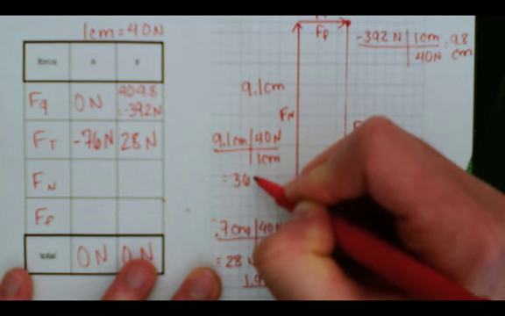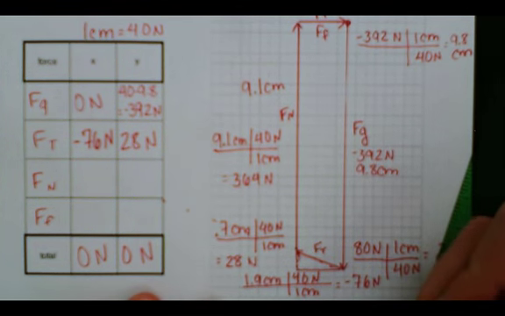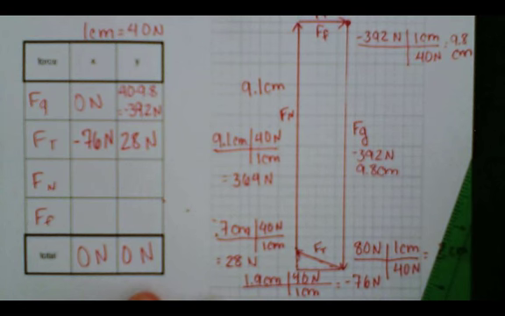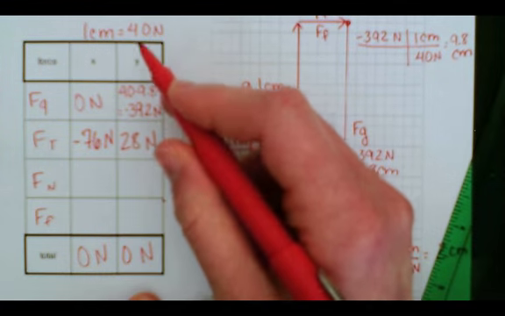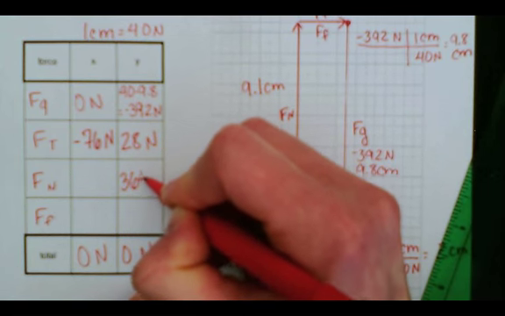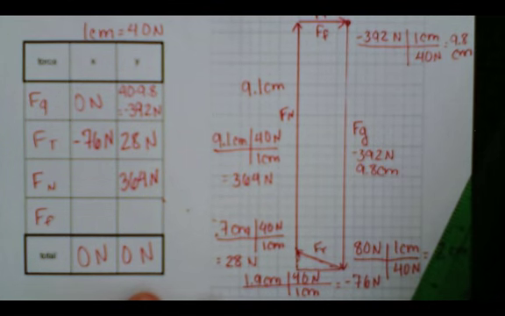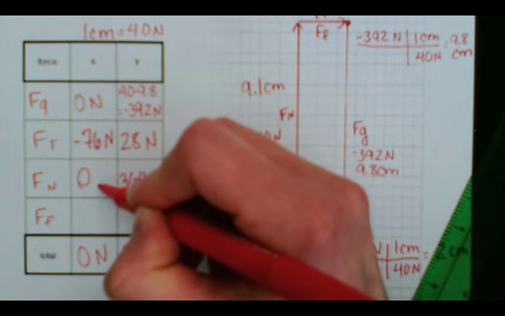We get 364 newtons. Because the normal force acts in the upward direction, this is positive. Our vertical component of our normal force is 364 newtons. Because our normal force only acts in the y direction, our horizontal component is 0 newtons.